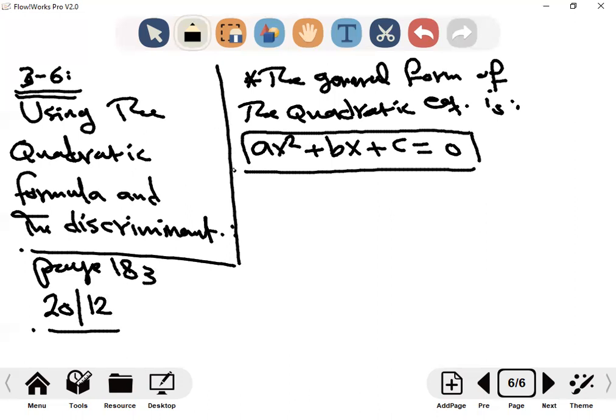This formula can solve it whether a is there or not, whether you can make parentheses or not, whether you have numbers or not. You can use the formula and find the solutions.